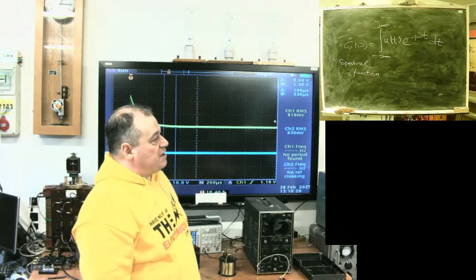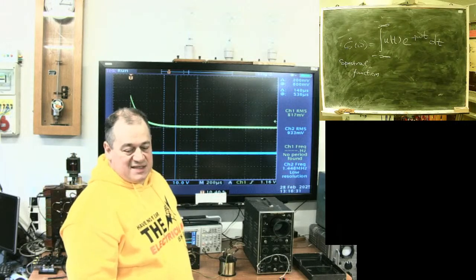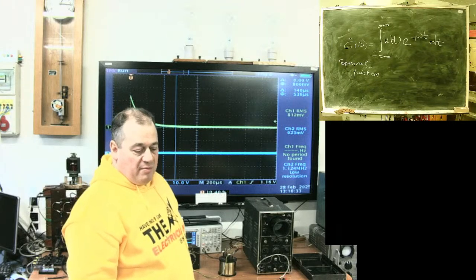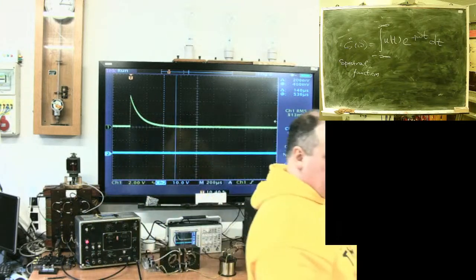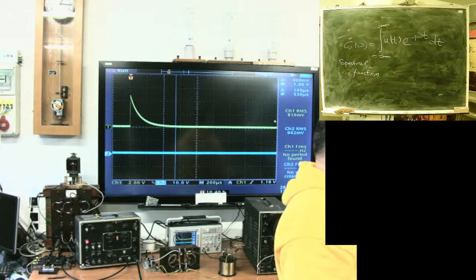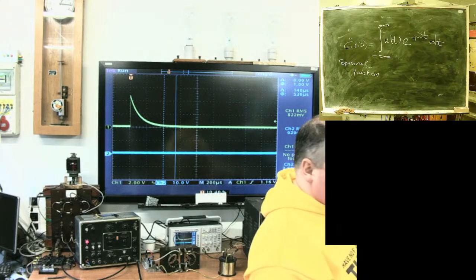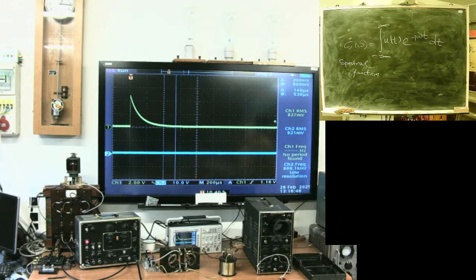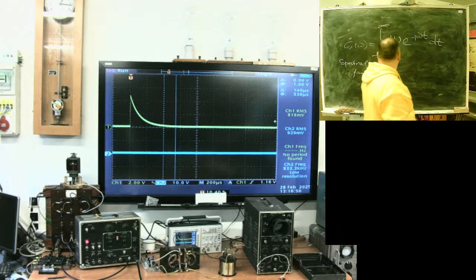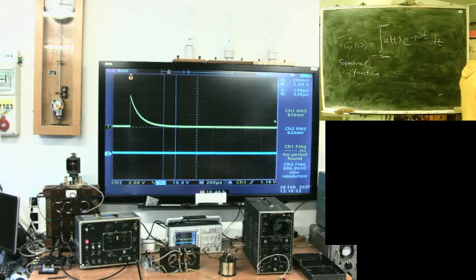It is something abstract. It is not performable in our space. The classical Fourier series consists of real harmonic signals. The spectral function is absolutely abstract. It's a complex function and it does not exist in this world.